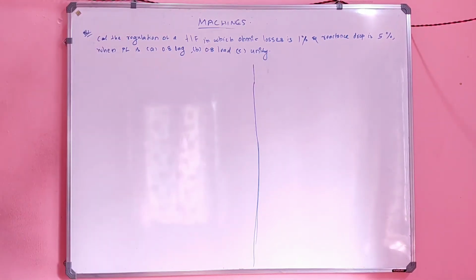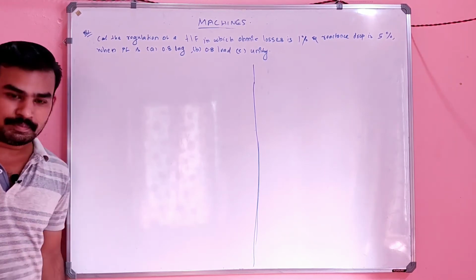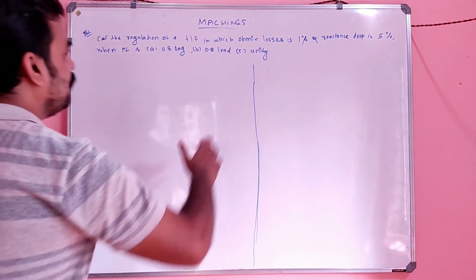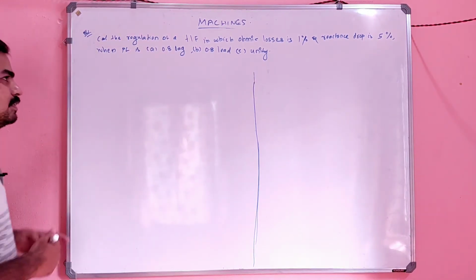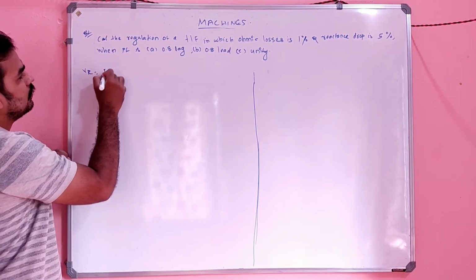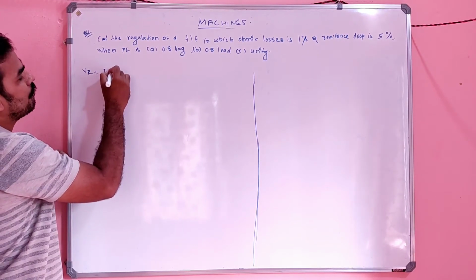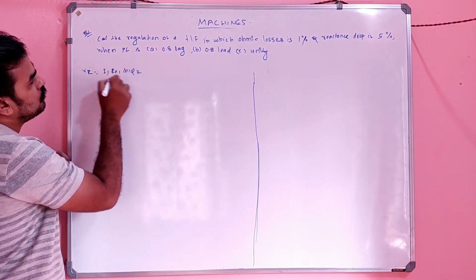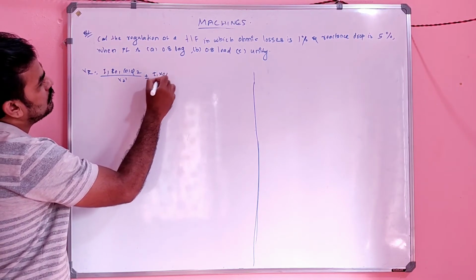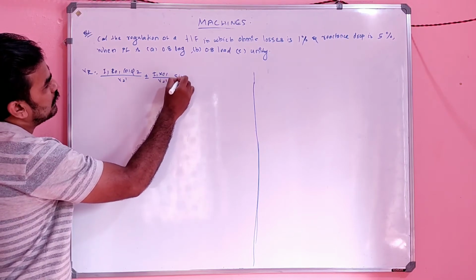How can we do this? Do you have any idea? See how beautiful the problem is. So the voltage regulation equation is I1 into RE1 cos phi 2 by V2 dash plus or minus I1 into XE1 by V2 dash into sin phi 2.